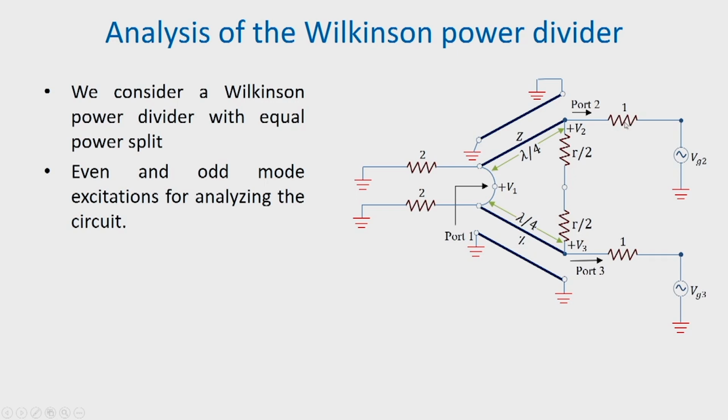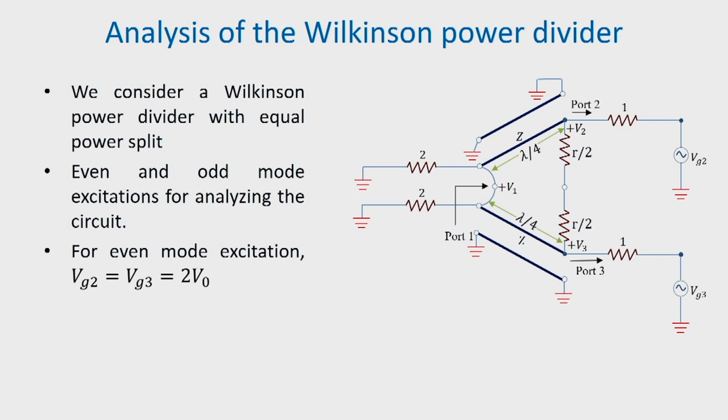Similarly, these port impedances are normalized values 1 each, and we have these two ports 2 and 3, which we excite using two generators denoted by Vg2 and Vg3, and port 1 has been kept match terminated.